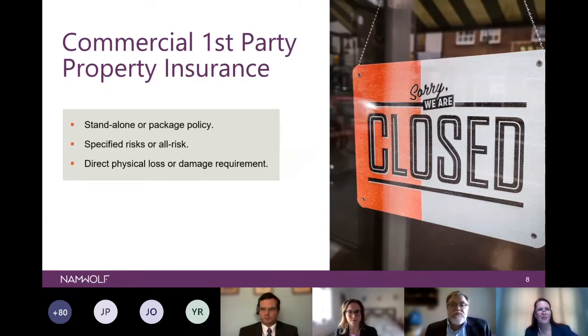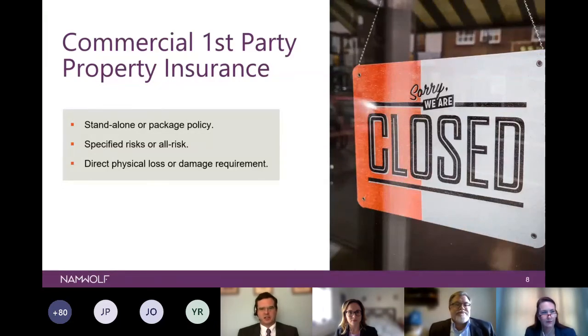And I think, Joe, we talked about this as a group, and we didn't think that this was going to be where a lot of the action on these COVID type claims are. Do you agree with that? Yeah. So the property coverages are going to relate a lot.